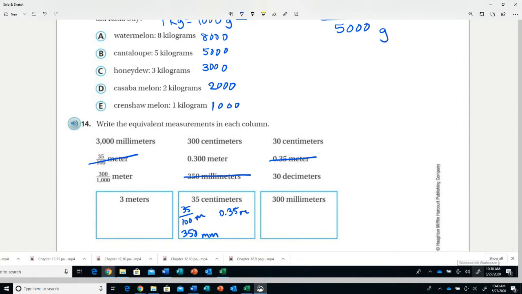Let's start at the top. 3,000 millimeters.